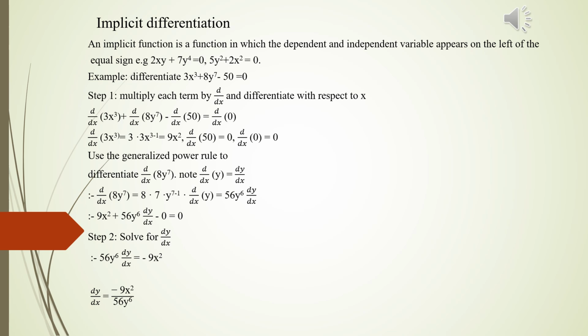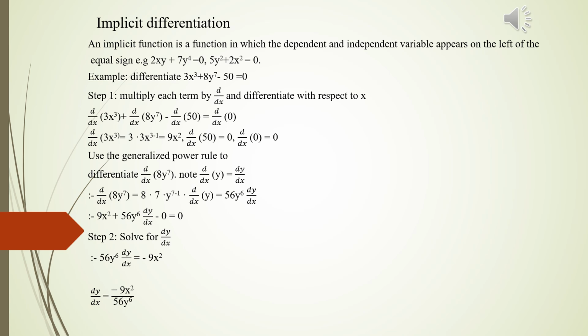Step 2, solve for dy dx. So we have 56y raised to power 6 dy dx equals minus 9x raised to power 2. When we divide both sides by 56y raised to power 6, we have dy dx equals minus 9x raised to power 2 divided by 56y raised to power 6.